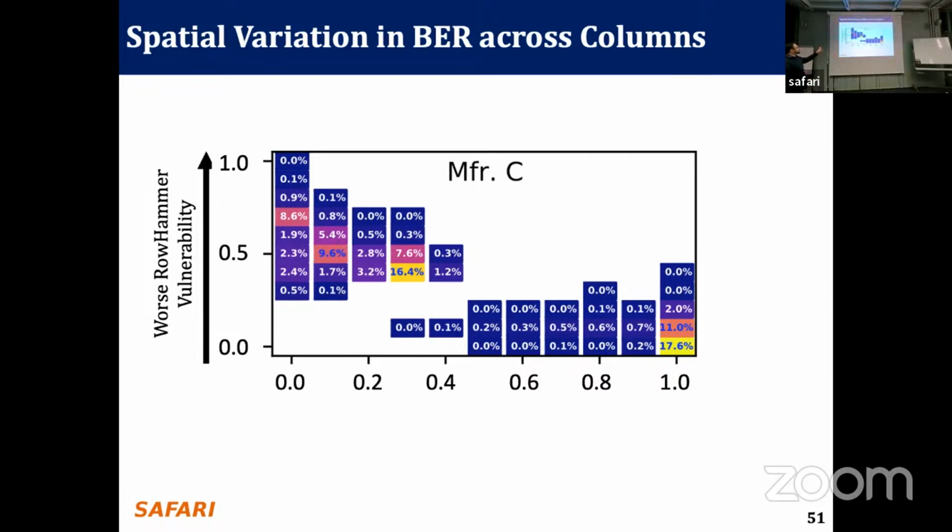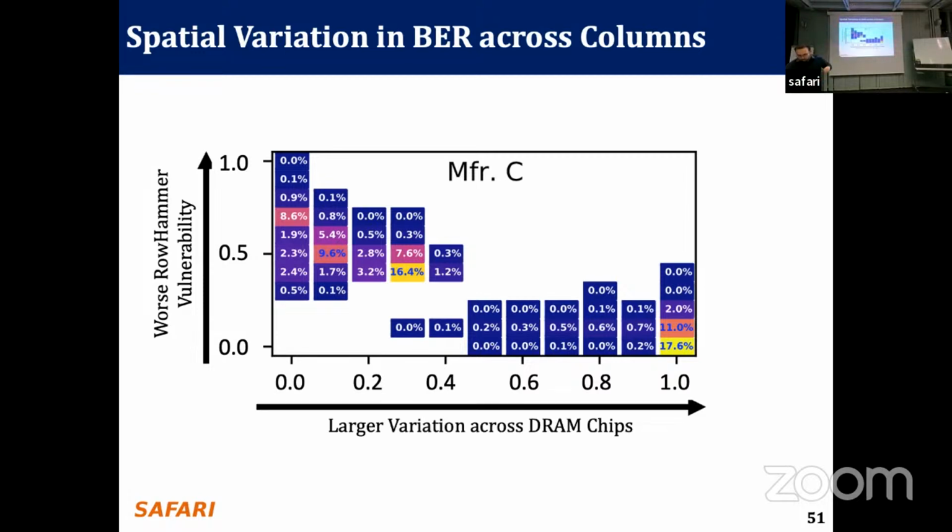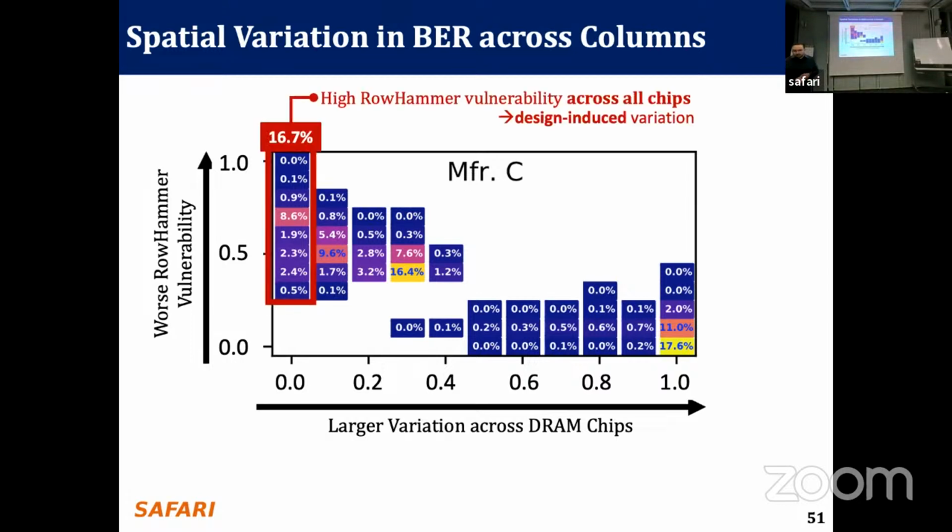On the y-axis, we have the RowHammer vulnerability worsening as we go from bottom to top. And on the x-axis, from left to right, we have larger variation across different DRAM chips in the same DRAM module. And we observe that there are some columns that show higher RowHammer vulnerability.